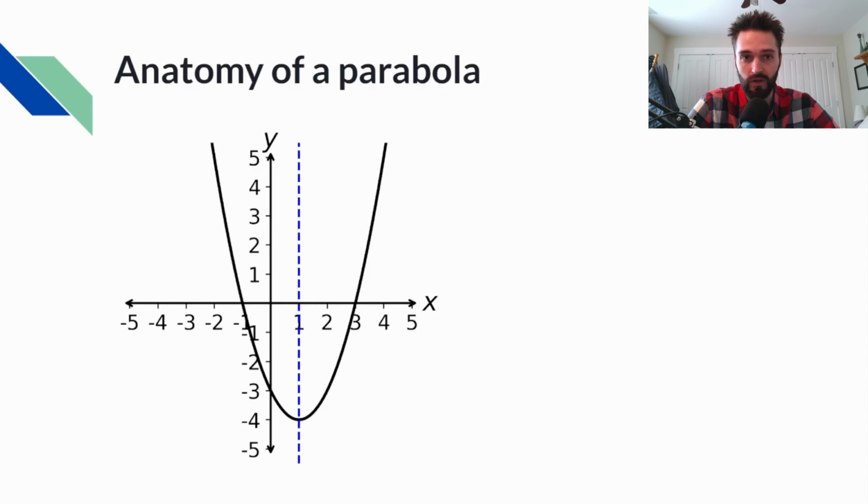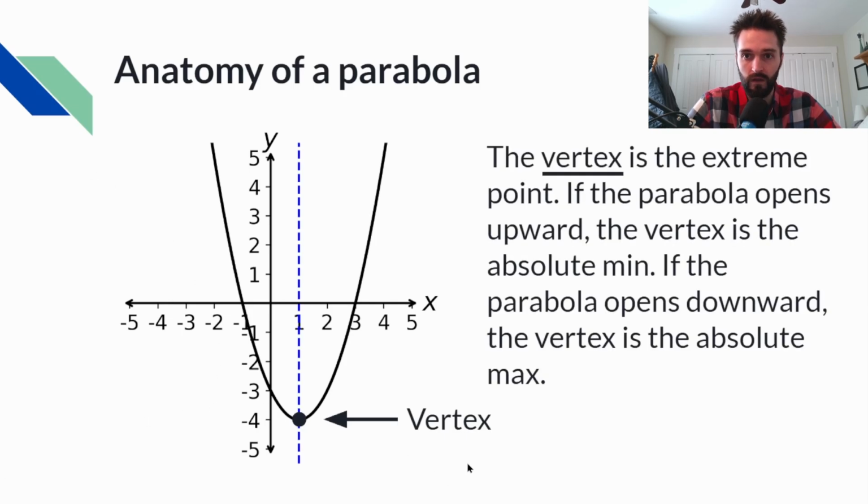Let's break down the anatomy of a parabola. Okay, let's take a closer look at this curve. This point down here is called the vertex. The vertex is the extreme point. If the parabola opens upward like it does here, then the vertex is the absolute minimum. All right, recall the difference between local and absolute maxima and minima from the behavior of graphs video.